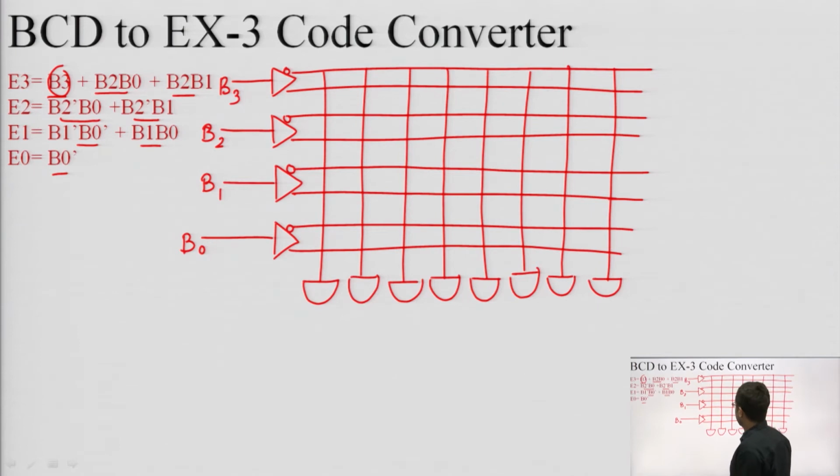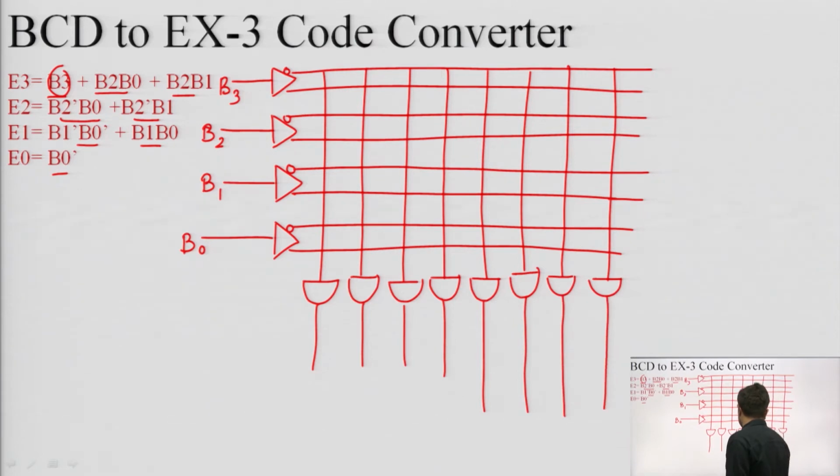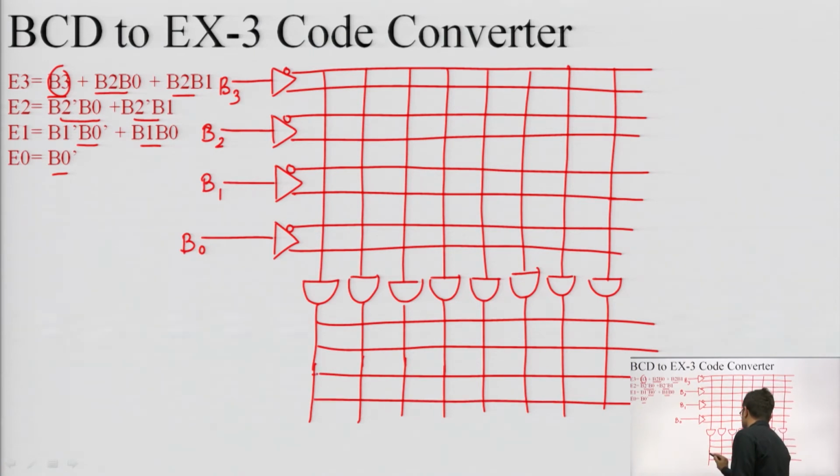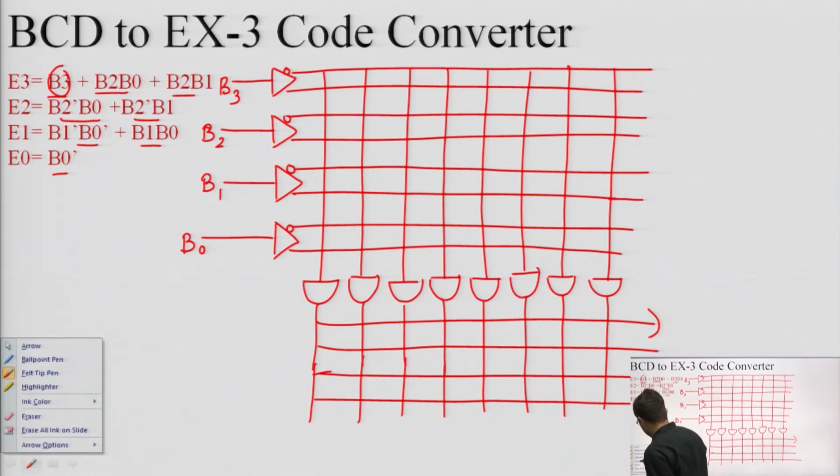And there are going to be 4 outputs: E3, E2, E1, E0. I'll be shifting the OR part to the left side, because it might overlap with my photograph on my video on the right side.